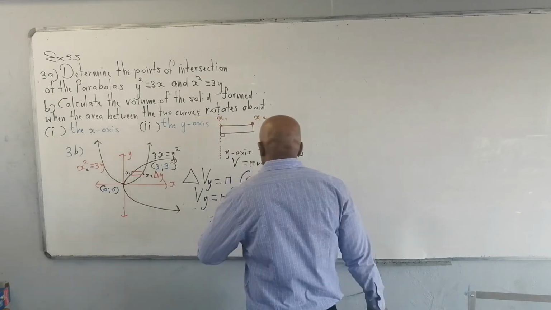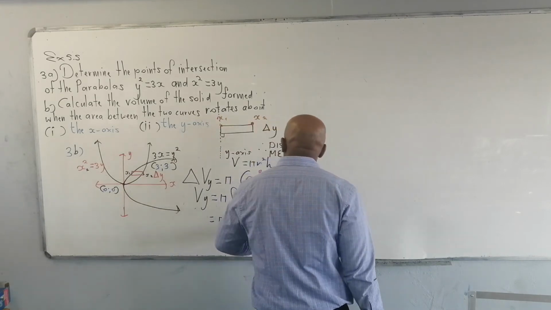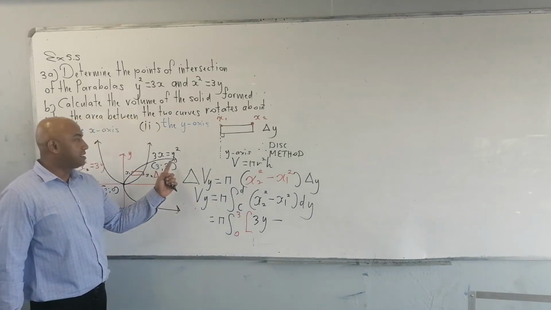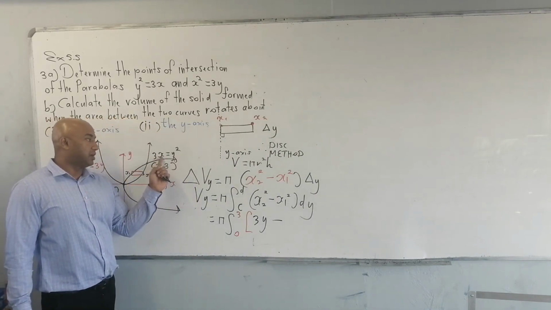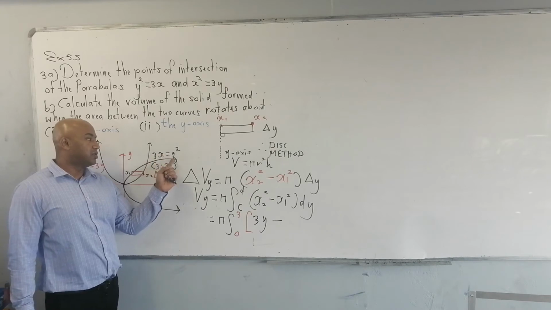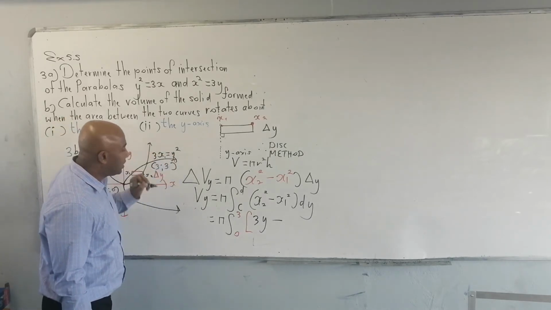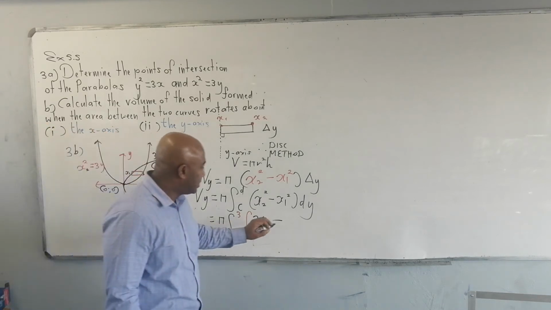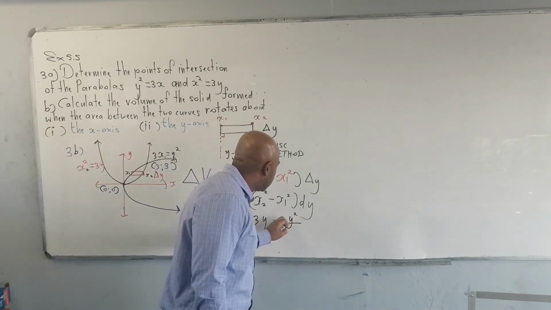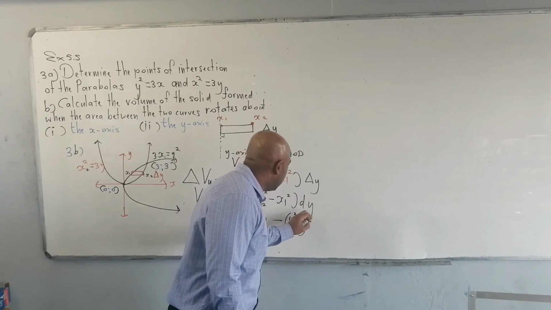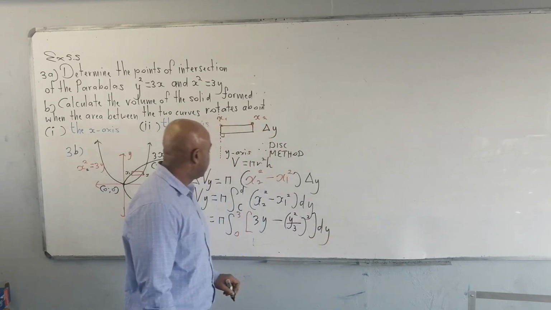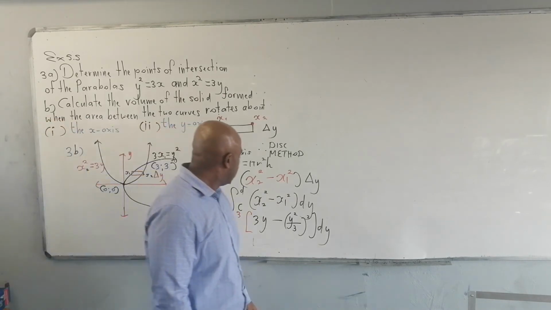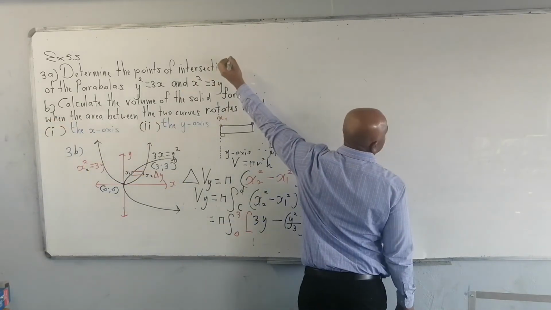So x2 squared is 3y minus x1. Now this is y1, this is x1. 3x is equal to y1 squared. So this is your x1. Now x1 is the same as y squared over 3. So this is y squared over 3, but it's all squared here, because this is not squared. But the formula requires you to square it, simplify, and then integrate.